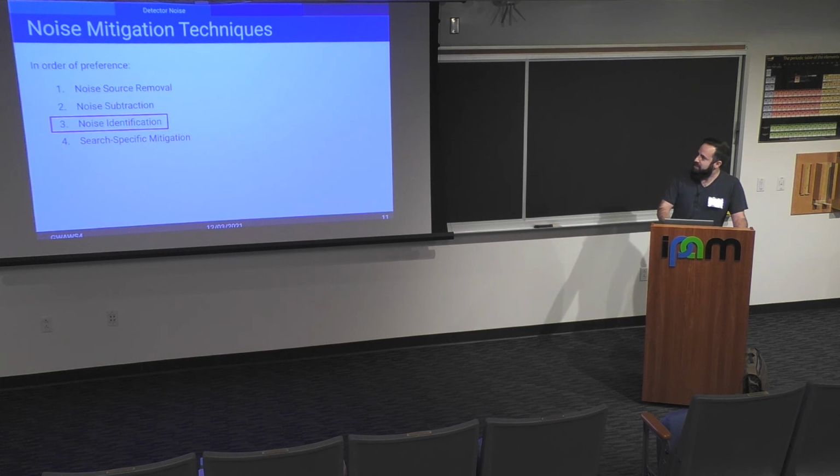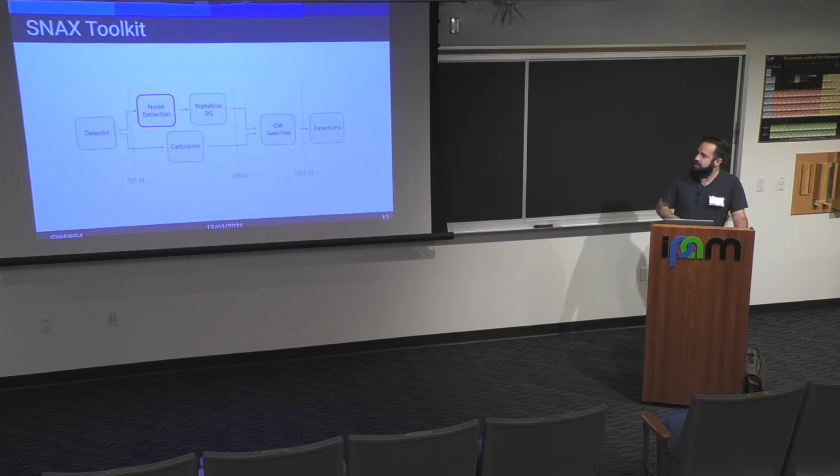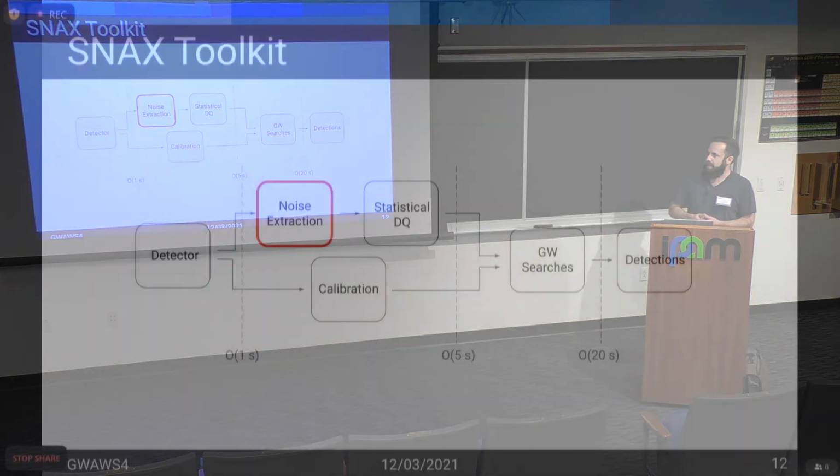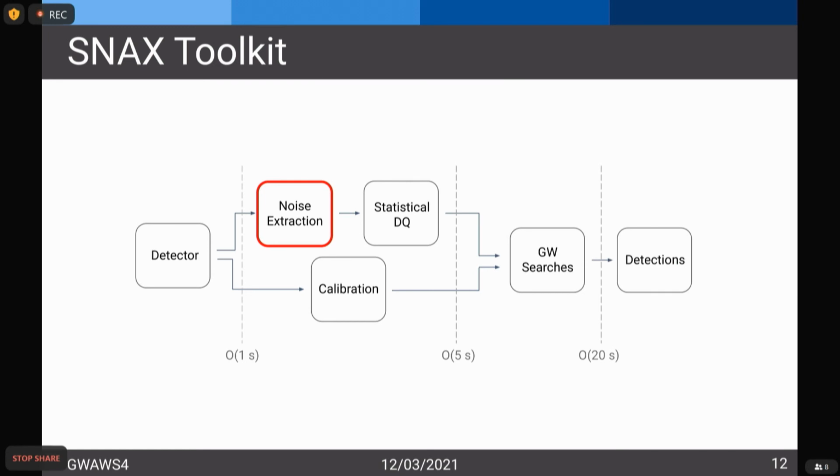So now I'll focus on the top half of this branch, and I've split this up into two parts. Effectively, the two parts are first, identify sources of non-Gaussian noise or non-stationary noise in single auxiliary channels and the strain data.